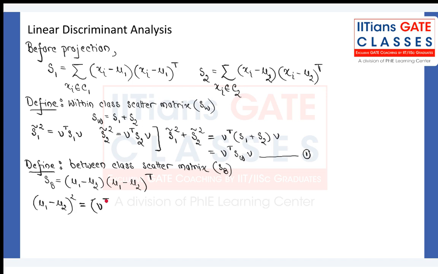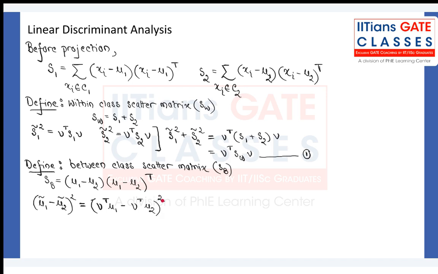Sorry, I'm trying to do U1 tilde minus U2 tilde squared. So U1 tilde, which is a projection of U1 along the unit vector v, will be v transpose U1 minus v transpose U2, projection of U2 on the line given by unit vector v.